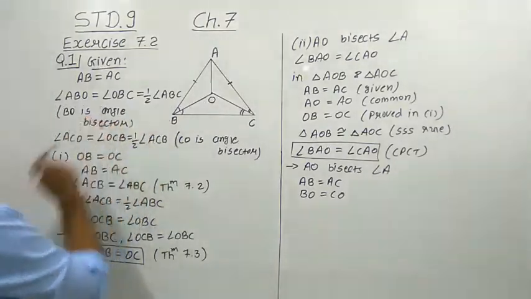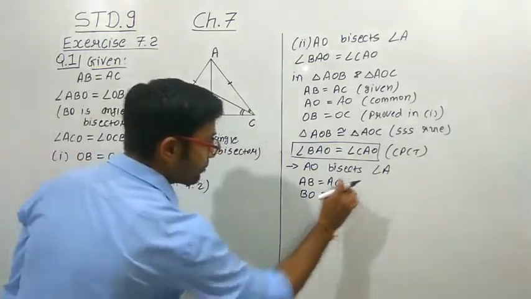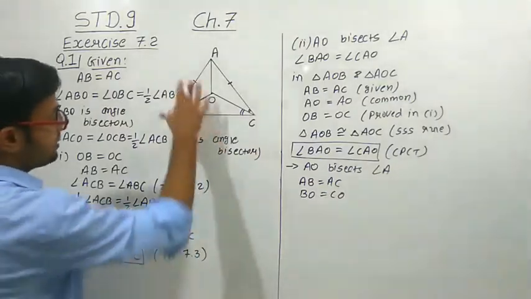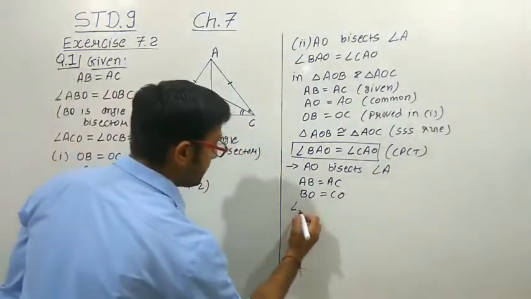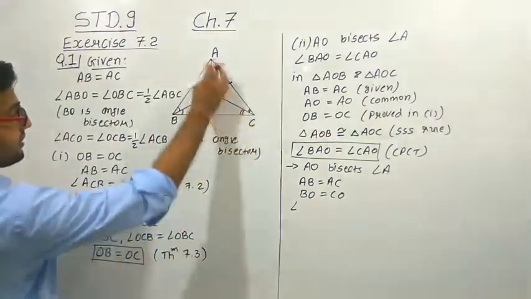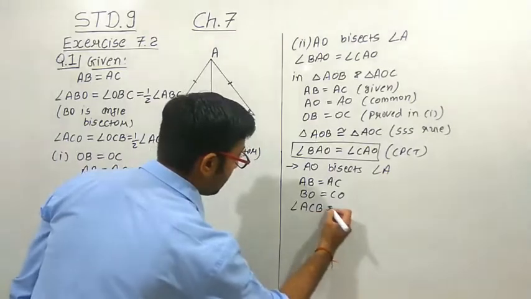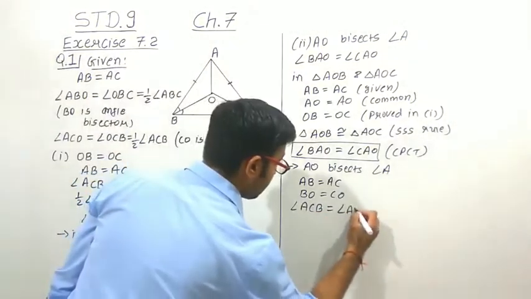Angle B and angle C are equal because AB is equal to AC, and opposite angles are also equal. The opposite angle of AB is angle C, which we can write as angle ACB, and instead of angle B we can write angle ABC.